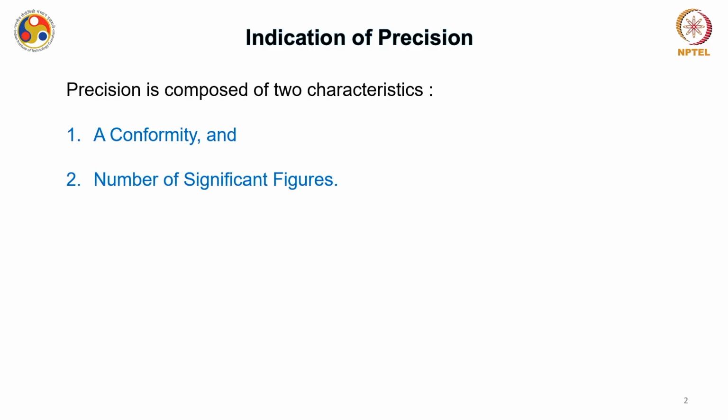In the series, we talked about different indications of precision, and we saw that precision is composed of two characteristics, which are conformity and number of significant figures.